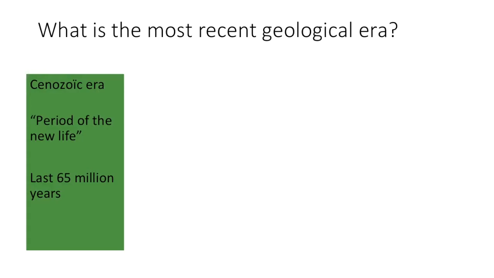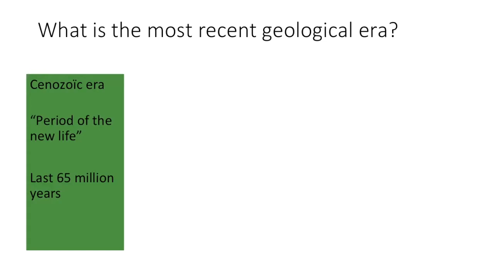So dinosaurs died, the story of the asteroid hitting the Earth, and then the nuclear winter, and it became very cold, and dinosaurs couldn't live anymore, and the era of the mammal was beginning. And it's called the period of the new life.